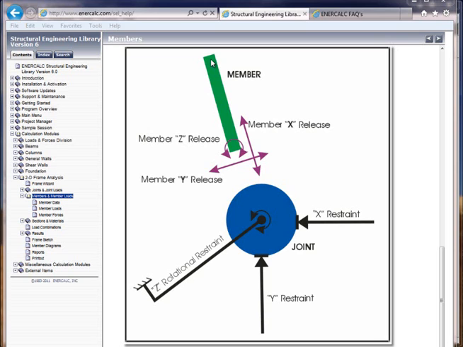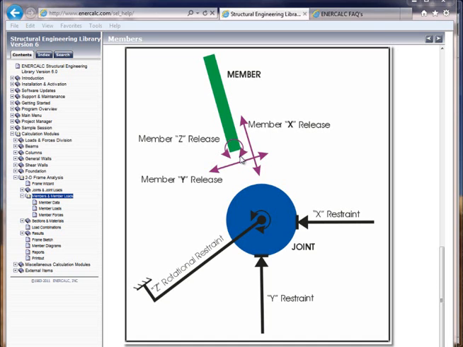So the positive local x direction runs from I to J. There's also a member local z-axis, and it's fairly straightforward in this 2D plane frame environment. The member z-axis is the one that, for strong axis oriented members, which is typical, the member z-axis points out of the plane of the frame.